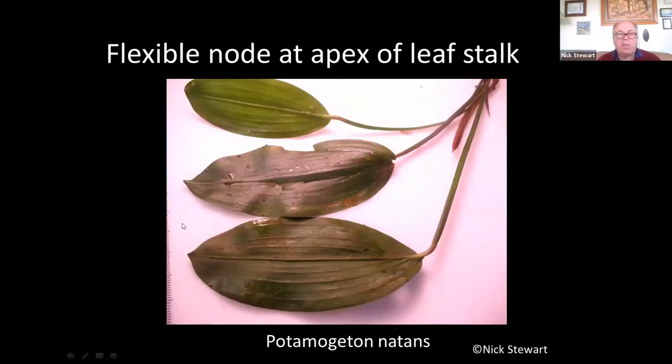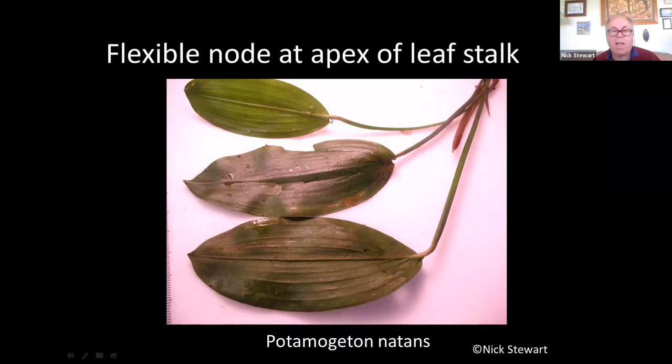And they're quite easy to separate. The first thing you look for, which is a feature of Potamogeton natans, is just immediately below the leaf. You can see here, and you can see here, there's about half a centimetre of slightly discoloured, different coloured bit of stem.